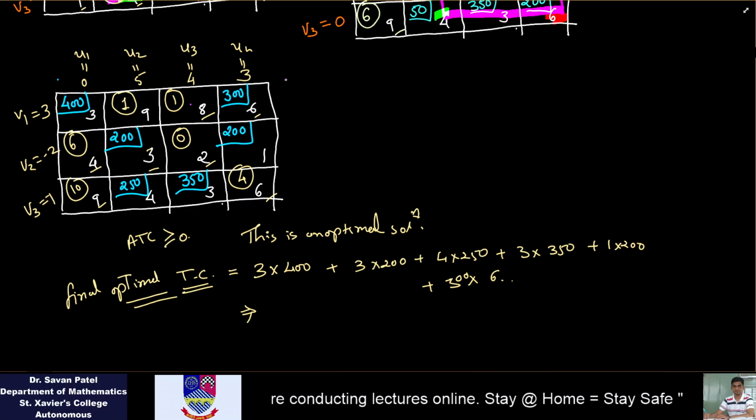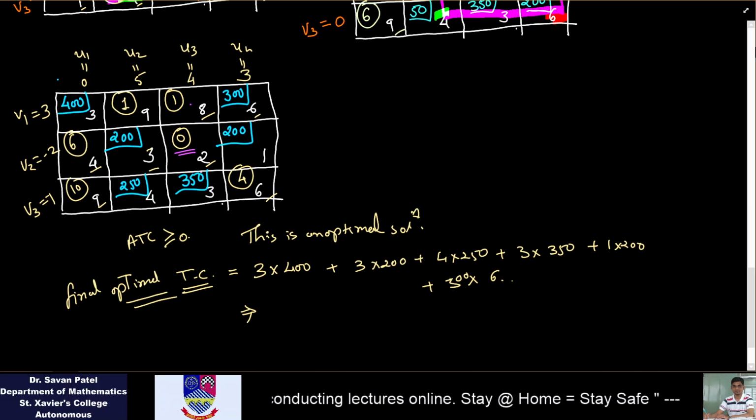Here, if you observe, this value is 0, and all the others are greater than or equal to 0. So this says that you are having an alternate solution to the given situation.